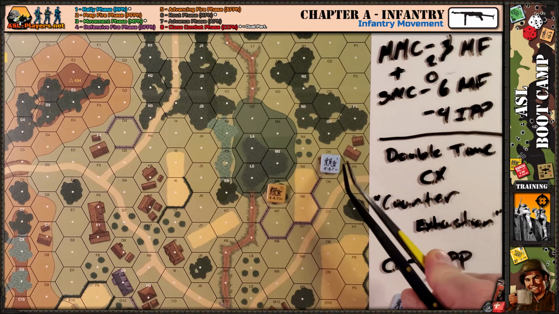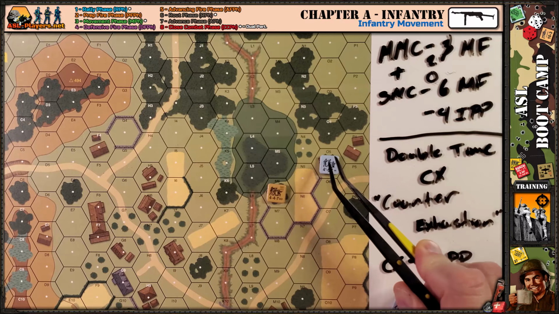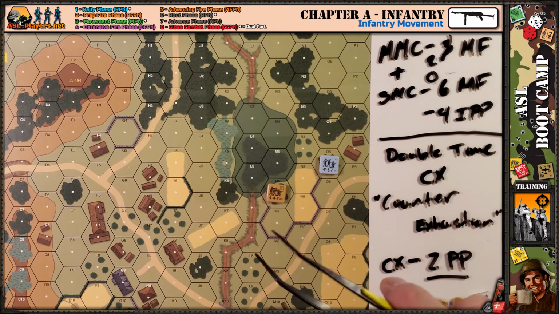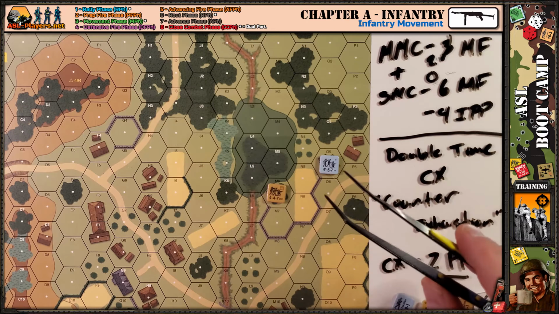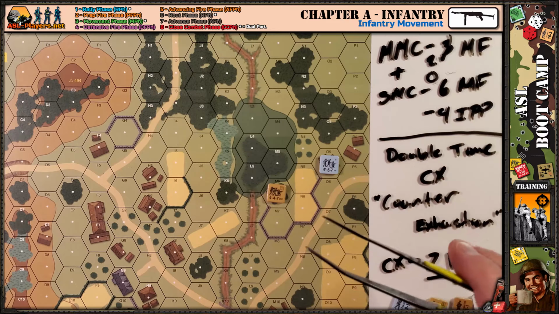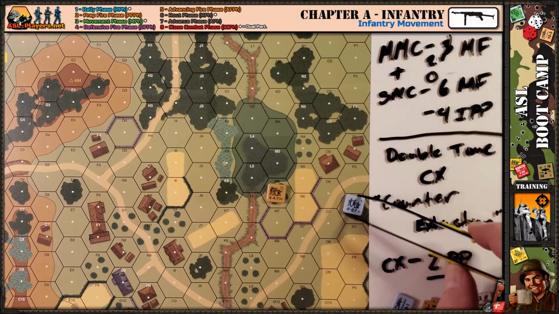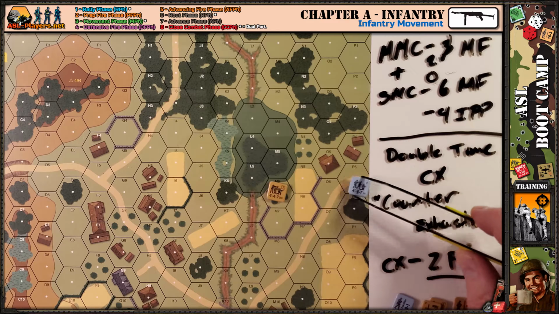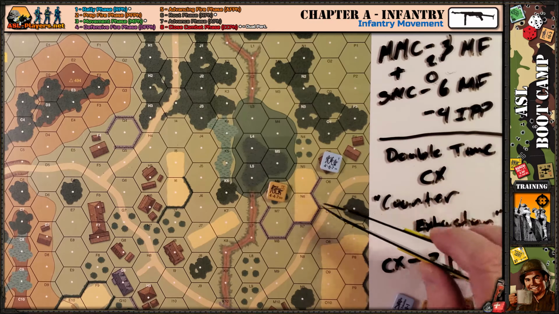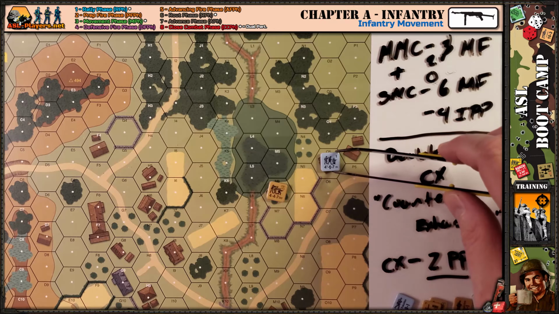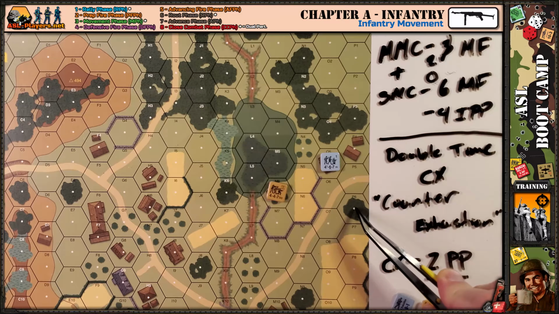Okay, it's the Germans' movement phase, and they want to get over to this woods hex here. Just for the purposes of illustration, I'm going to move in a way that I wouldn't move in a game. Normally, you would go here and here because the Russian unit has no line of sight here because it's blocked by the wall. But in this case, I am going to declare a dash to P6.